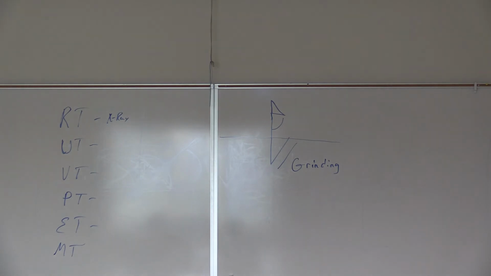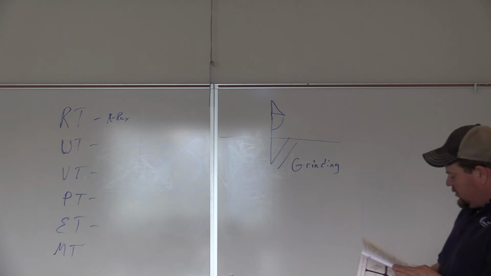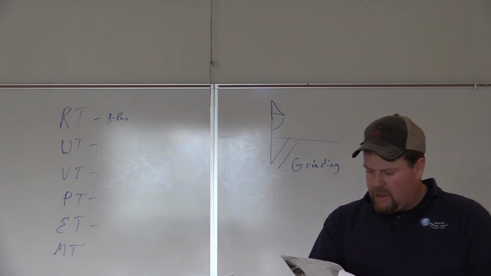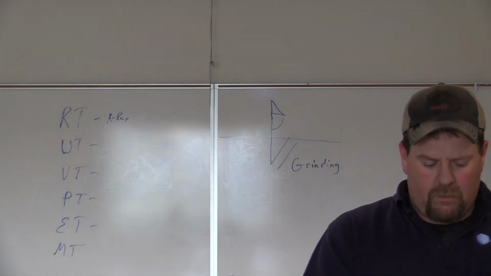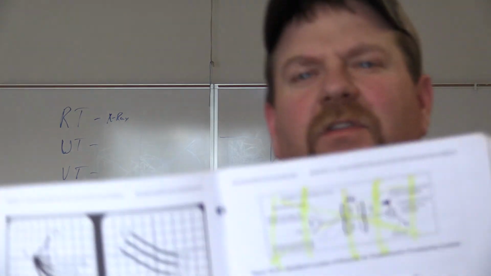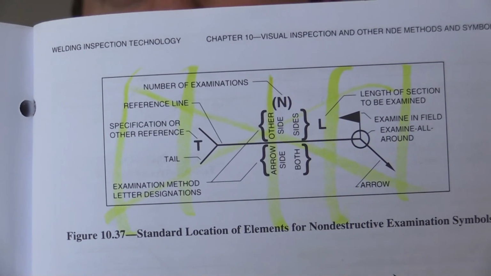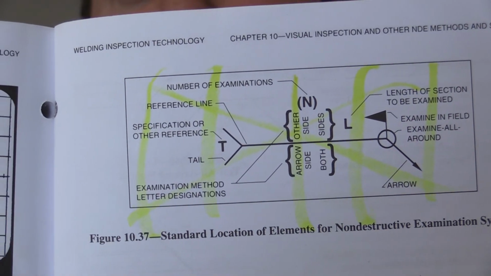But the couple things that I want to bring up out of this for symbols that you might see: I want you to get a reference of chapters 10-27, and I'll try to take a picture of it as well. It looks just like our normal welding symbol, okay?